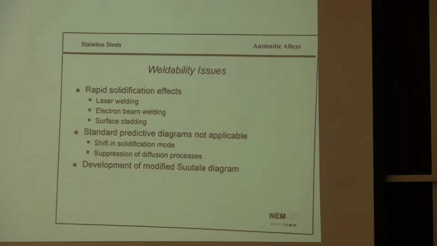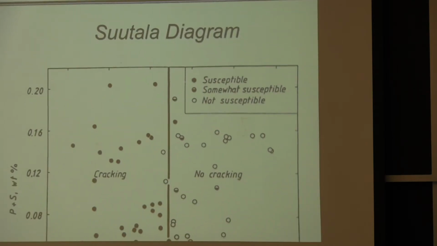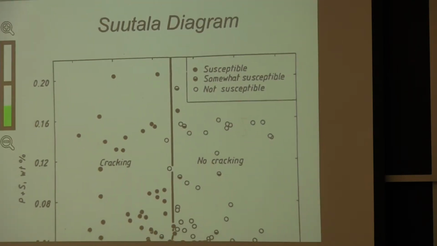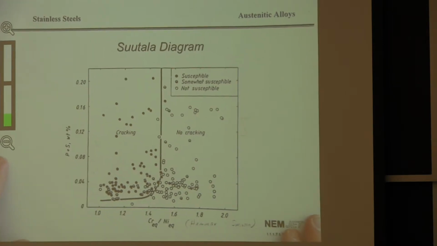And when that happens, there's actually a shift in those solidification modes. And so it's important to remember that if you're laser welding or electron beam welding on austenitic stainless steels, and I'll show you some diagrams that demonstrate that, this is something called a Suutala diagram.